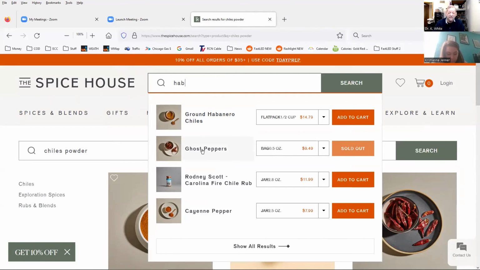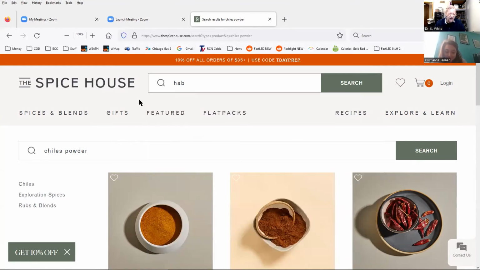Yep, they got ghost peppers, so that means they probably have ghost pepper powder, which is even more dangerous than a habanero. But anyways, if you ever need spices, and I've talked about this before, you should go to the spice house. All right. Now you learned about something stupid, and boy, was that stupid. Now I'm really careful around hot powdered peppers, especially from the spice house.